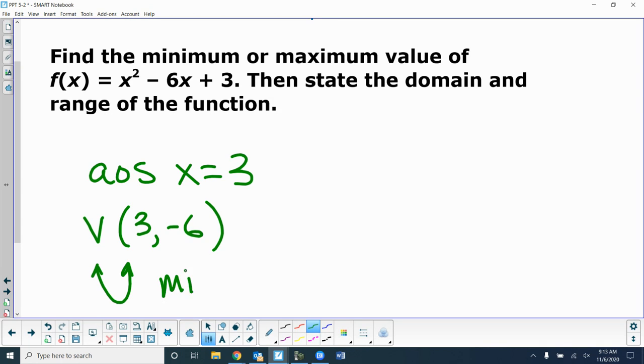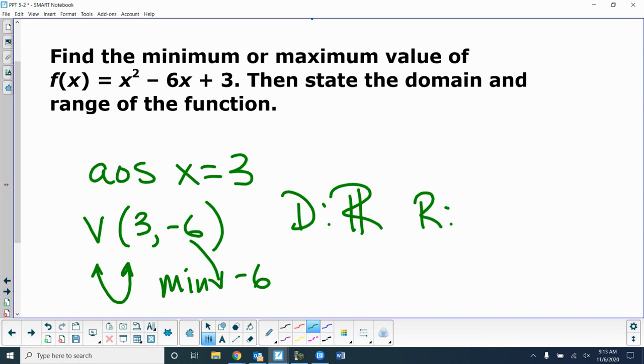So it's a min and it's negative 6, right? It's the y value of the vertex, right, Trent? What's the domain? All real numbers. What's the range? Less than or equal to. No, it's a min. Greater than or equal to negative 6. We got this.